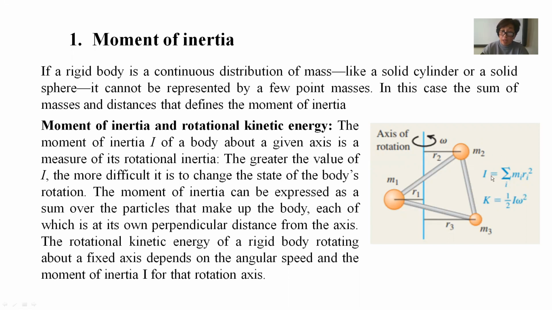But here this is the formula of the moment of inertia of the system, and the system consists of three masses M1, M2, M3, and this is the distance between the first mass and second, first and third, and between the other two particles.